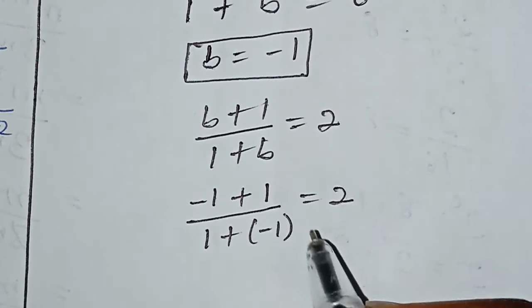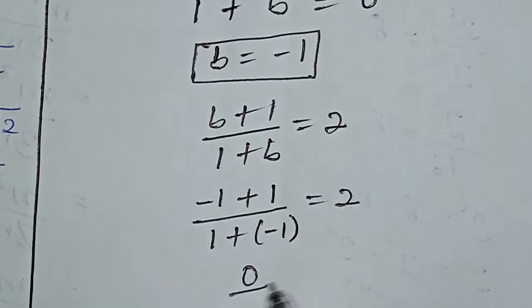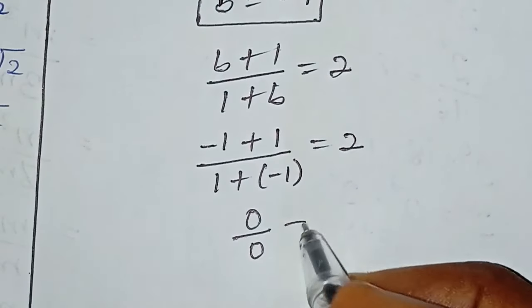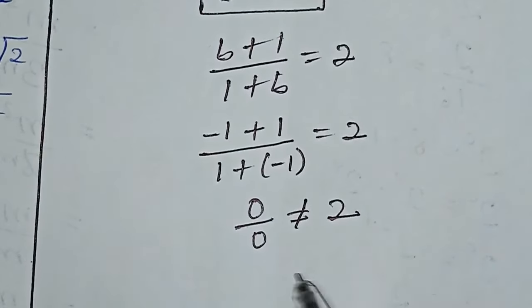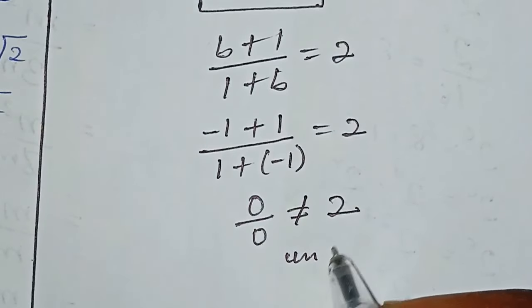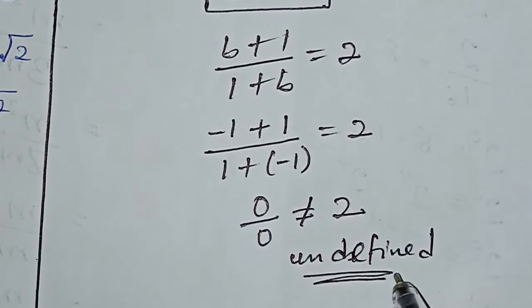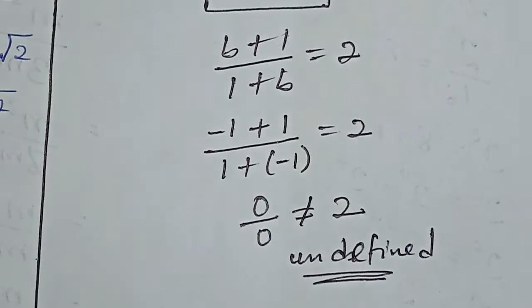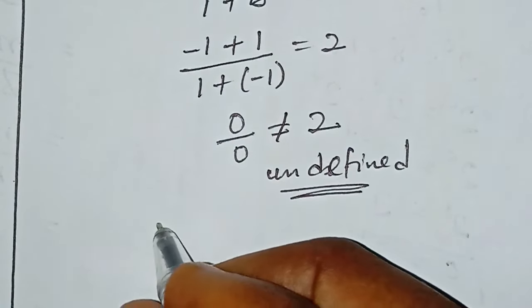So the numerator gives us 0, and the denominator also gives us 0, but that is not equal to 2. So this is undefined. So the value is not correct. So we go through the second method.